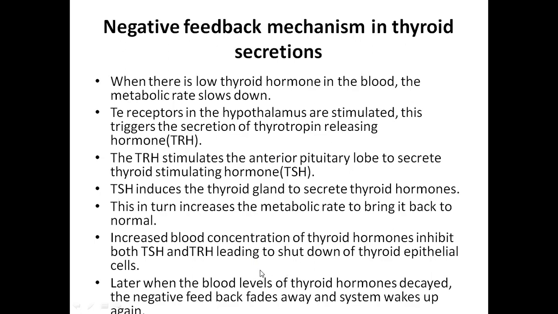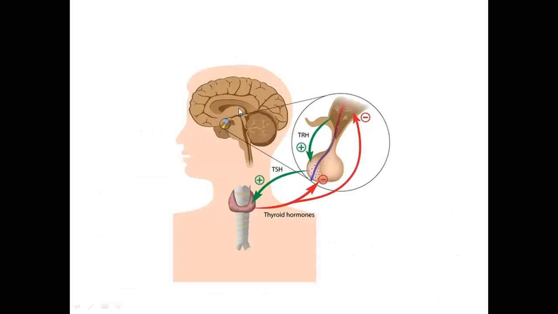Whenever the metabolic rate slowed down, it was brought back to normal, and the negative feedback functioned. Now, in this picture, you can see the hypothalamus and pituitary releasing the TSH, acting on the thyroid gland, and thyroid secretions in the blood bringing back the metabolic rate to normal and inhibiting the pituitary and the thyroid.